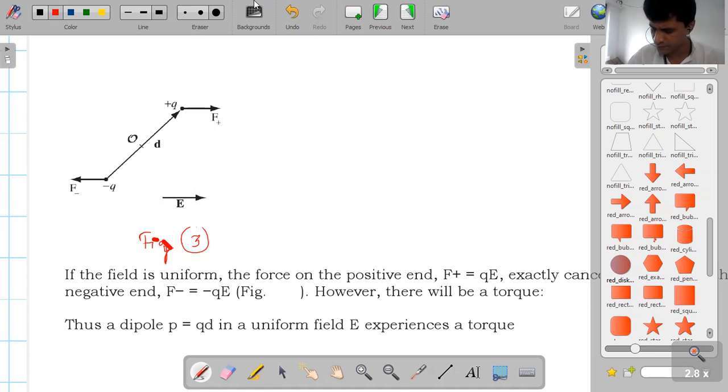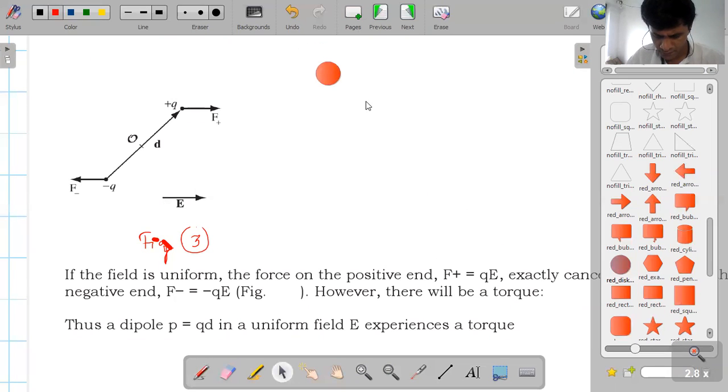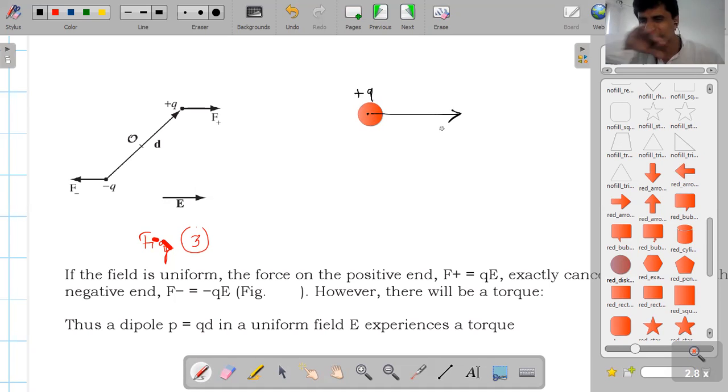First I will take one charged particle, and that charge is positive. Understood up to this level? This charge experiences force along the positive x direction, and that is given by F. What is the force?